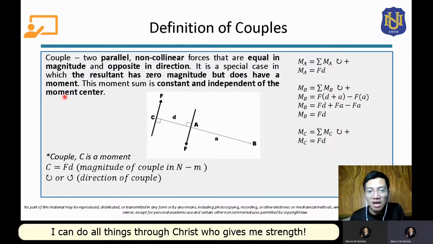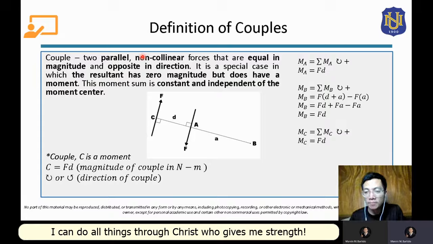Again, the forces should be parallel, non-collinear, equal in magnitude, and opposite in direction. It is also a special case where their resultant force is zero, but has a moment. The resultant will be a moment, and the moment sum is constant and independent of the moment center.